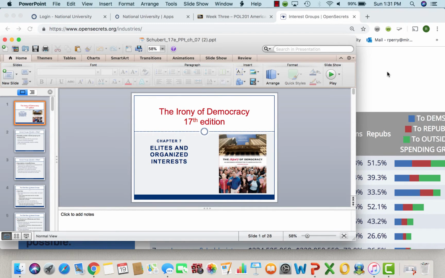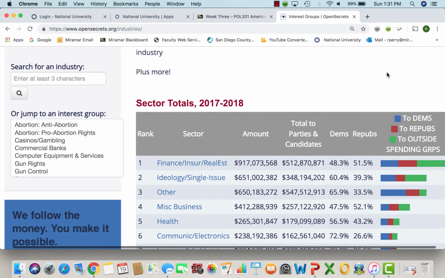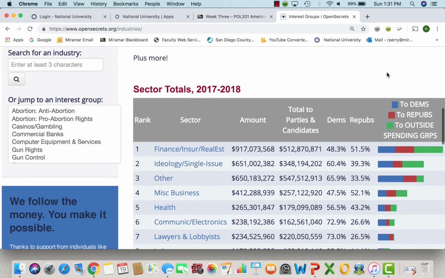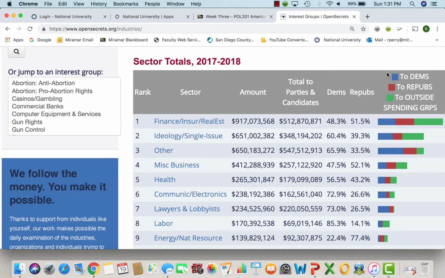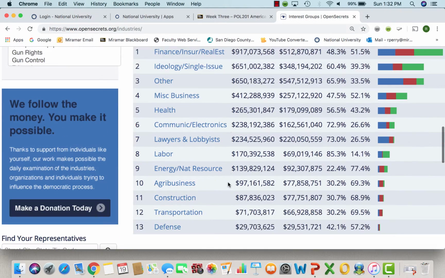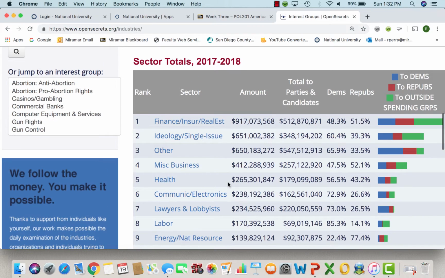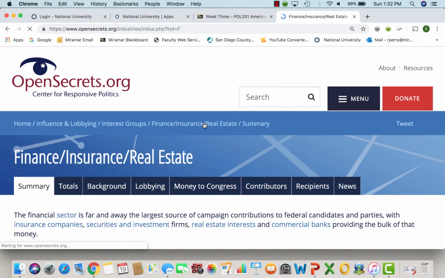That's interest groups. One thing to look at, and I have the Open Secrets website up, is each of these industries, and you can see how much money they've given to candidates as far as lobbying. The finance industry has given close to $1 billion in 2017 to 2018 to lobby. Health is another big one, and we can see how influential these organizations are.